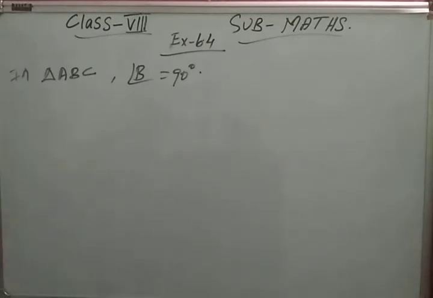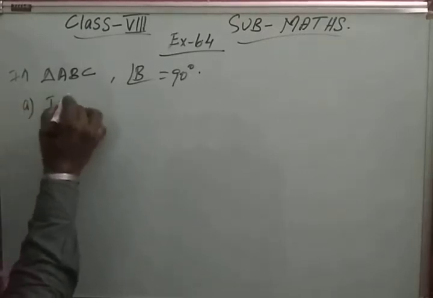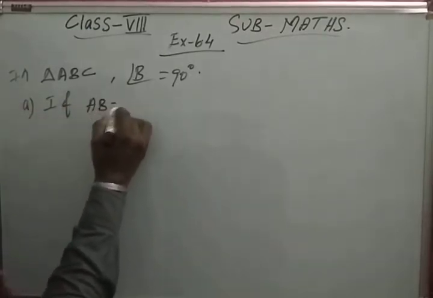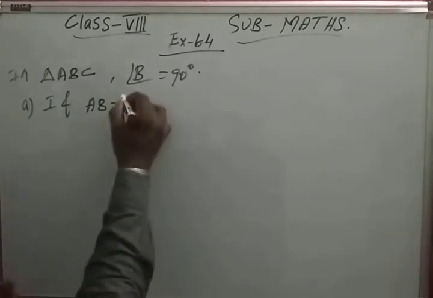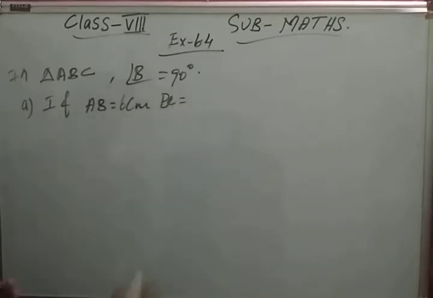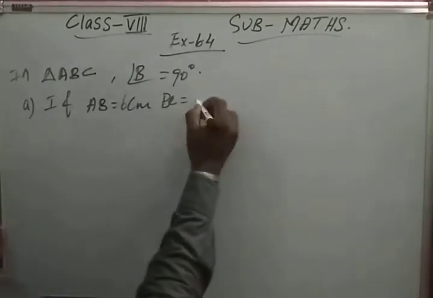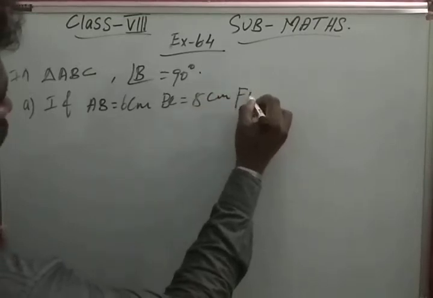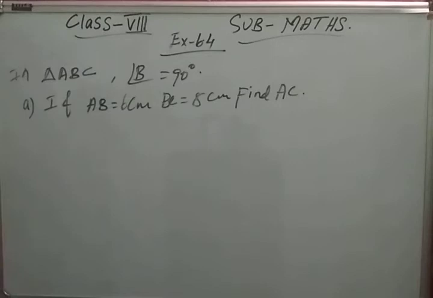The question is: if AB is equal to 6 centimeter and BC is equal to 8 centimeter, find AC. First, according to this, just draw one picture.